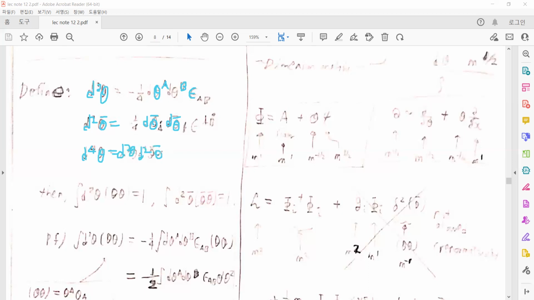And there are several identities for such integral measures. For example, if we integrate the quadratic terms of the Grassmann variables over the scalar theta, that will be 1, and also for the theta bar quadratic terms over the scalar theta bar. It can be proved as follows.